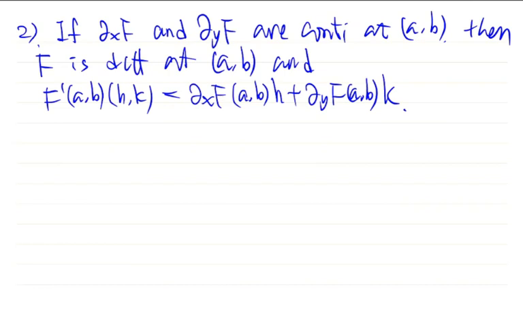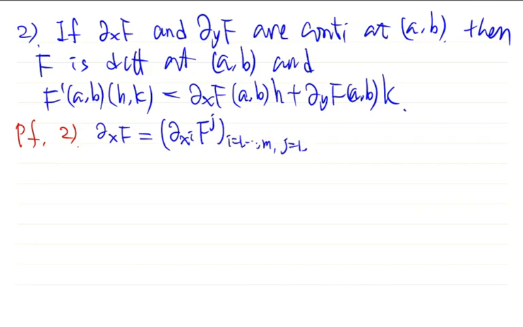So we consider the proof of this proposition. The second will be much easier. The partial derivative with respect to x is the matrix we wrote previously, ∂x_i F_j, i from 1 to m, j from 1 to p. These are continuous at (a, b).